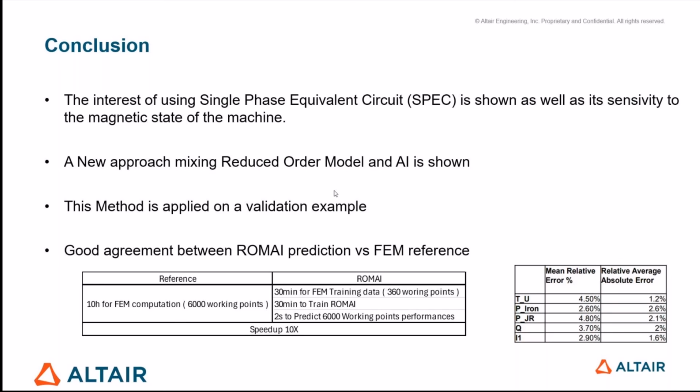When we started this work, the training took almost 30 minutes, but now with the recent version of ROM AI, the training is almost instantaneous as well. So the speed up I show on the screen is about 10 times. But nowadays, with the current version of ROM AI, it can be almost 20 times as a speed up.